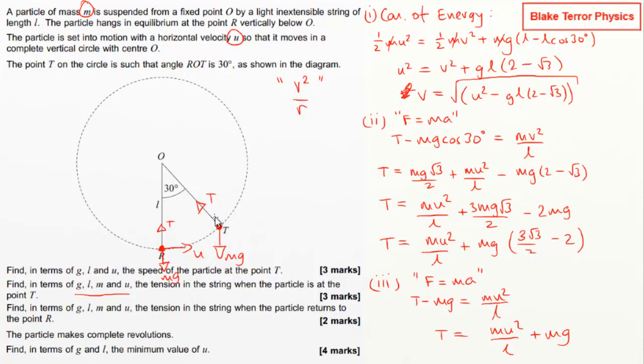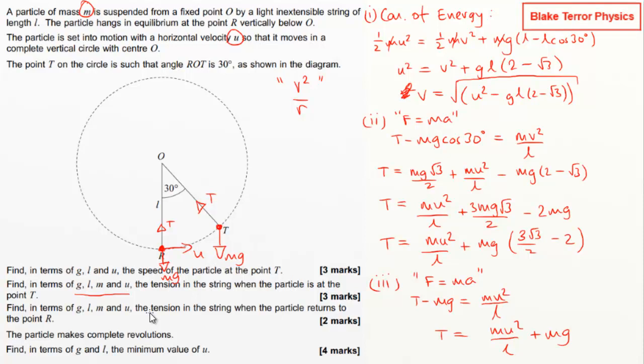As soon as the tension disappears, the string's gone slack, so we're not at the radius of L, so we're not in a circle anymore because the radius has changed. It's the same in the washing machine with the drum. As soon as the reaction force has disappeared, the clothing isn't in contact with the drum, so it can't be at the radius of the drum, so it's no longer in the circle.